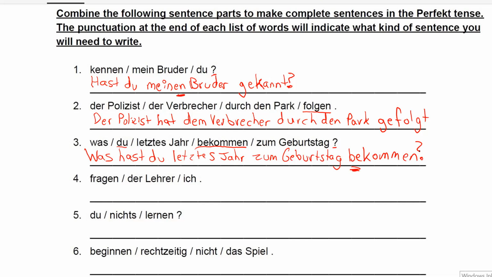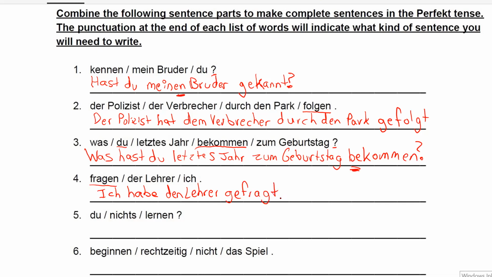Nummer 4 is back to being a statement. This one is another sentence with a transitive verb. Fragen is to ask. If you ask someone, that's a direct object there. So we have ich as our subject, the form of haben that goes with our subject, habe, the direct object in the accusative case, den Lehrer, and the past participle of our verb, gefragt.